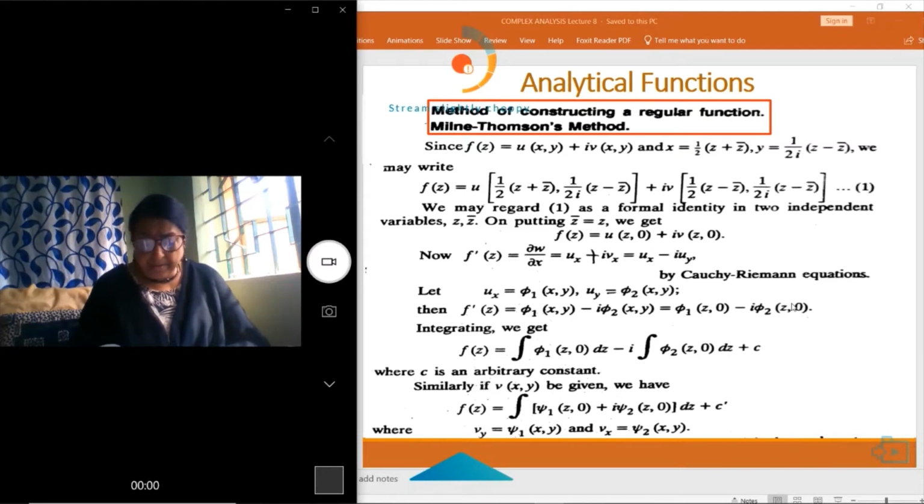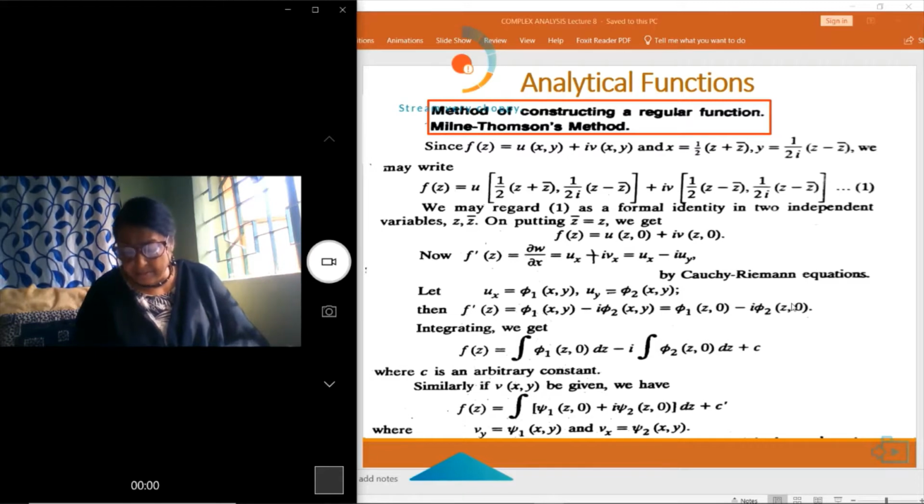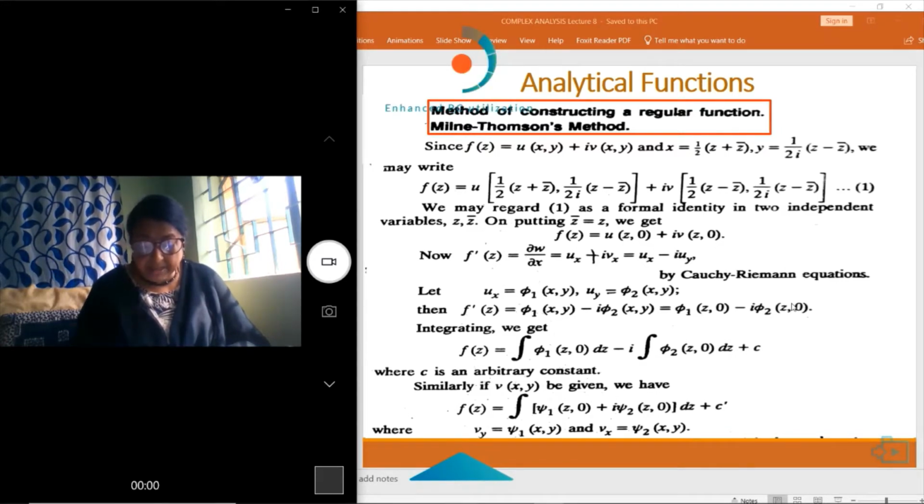Then we may regard this as a formal identity in two independent variables, say z and z̄. On putting z̄ = z, we get f(z) = u(z,0) + iv(z,0). Here we are putting z̄ = z. Now, w = f(z), so f'(z) can be written as dw/dz = u_x + iv_x.